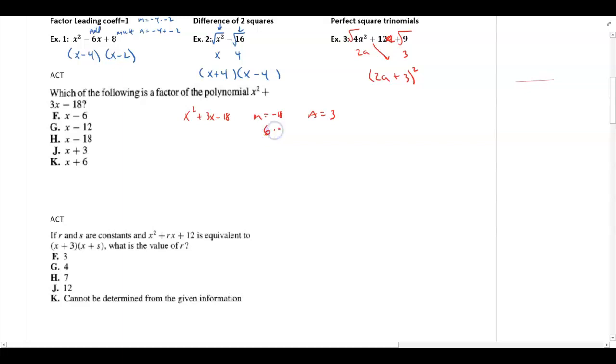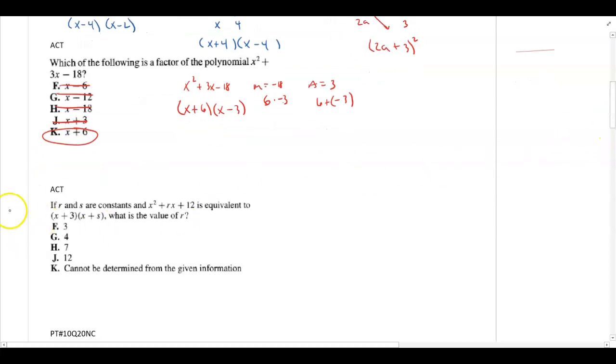That would be 6 times -3 would give me -18. 6 plus -3 would be 3. And now this would factor out to x plus 6 times x minus 3. And which one of these is a factor? No, no, no, no, and yes. All right, the next one.